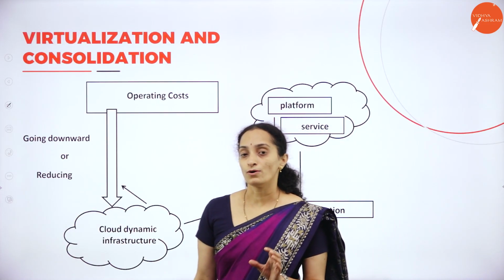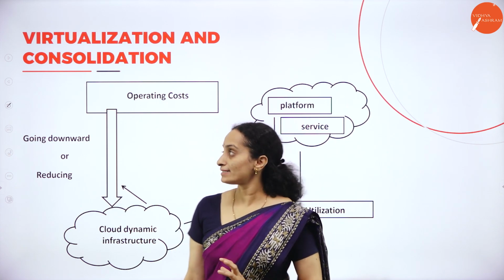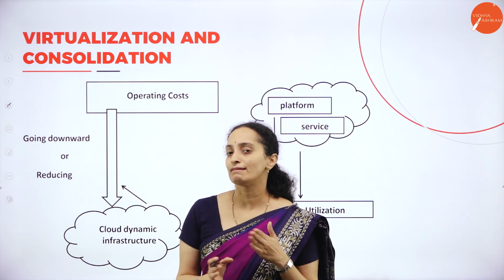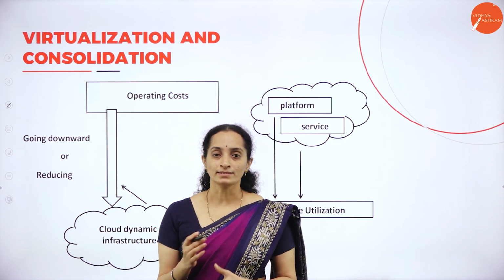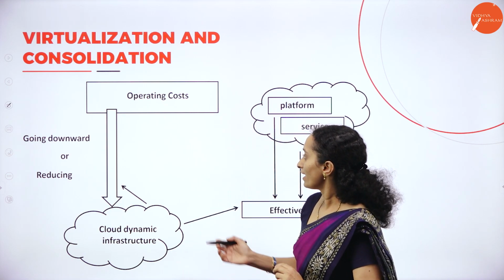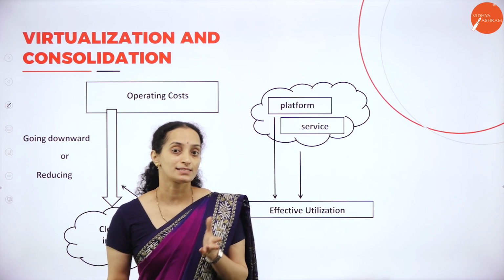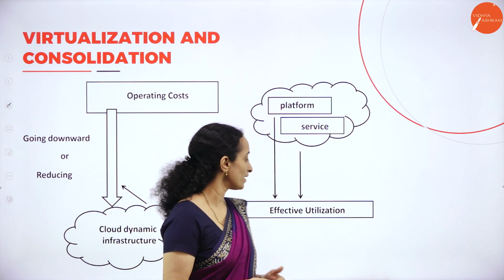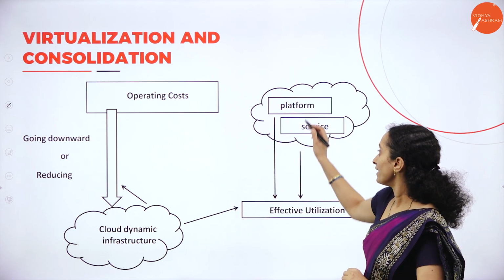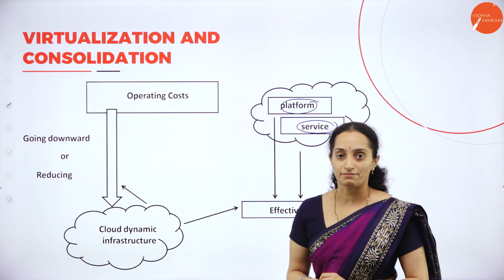Next is how the dynamic infrastructure handles virtualization as well as consolidation, creating virtual machines as well as consolidation of the data. Virtualization decreases the cost. Here effective utilization must be done for the platform as well as the service.